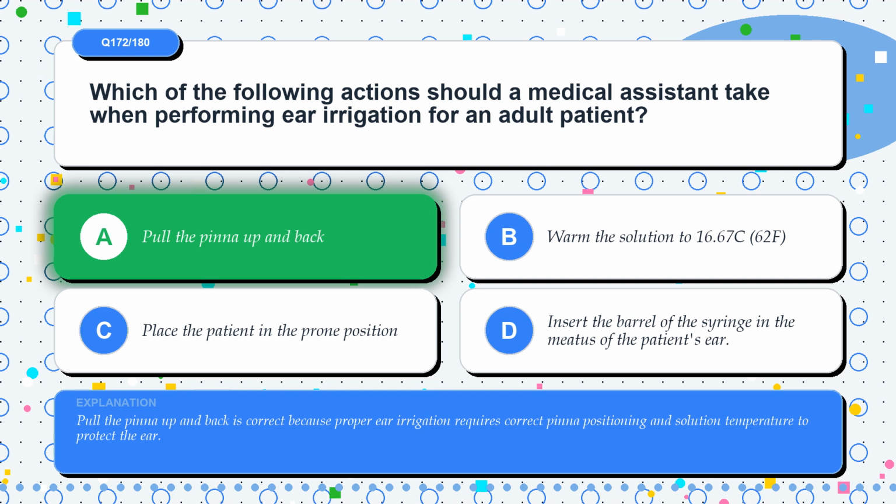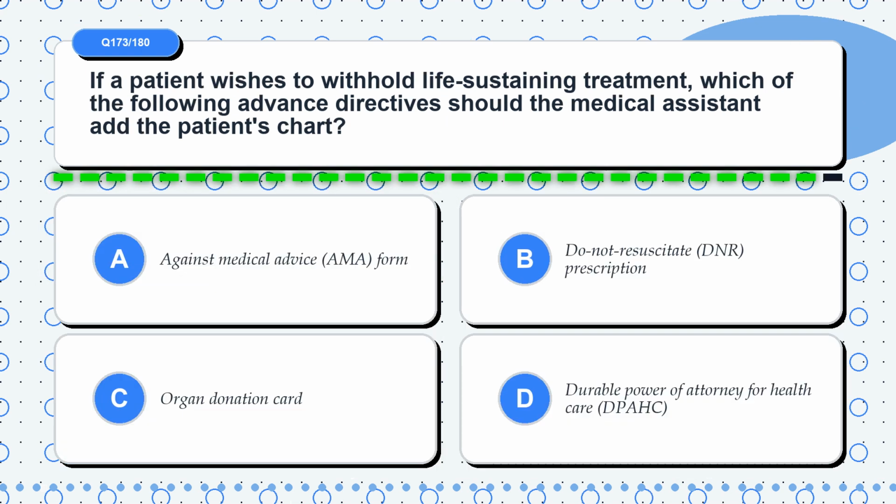Question 173. If a patient wishes to withhold life-sustaining treatment, which of the following advance directives should the medical assistant add to the patient's chart? Here are the options. Option A, against medical advice AMA form. Option B, do not resuscitate DNR prescription.